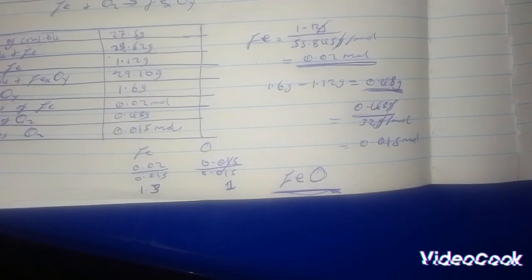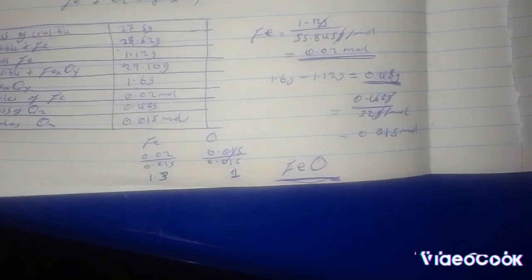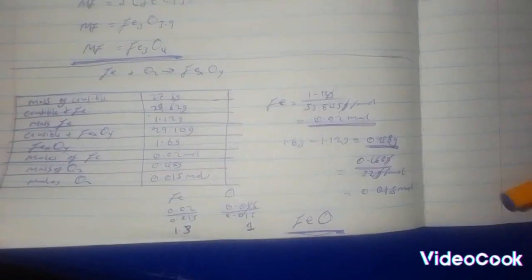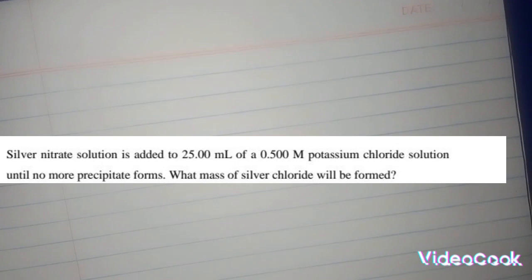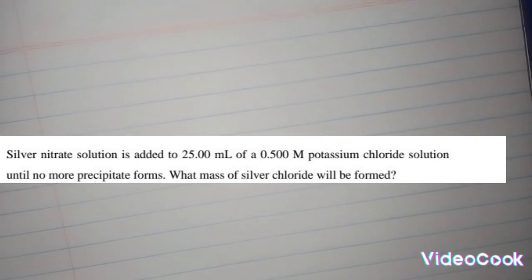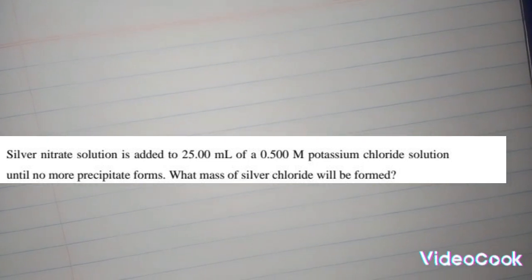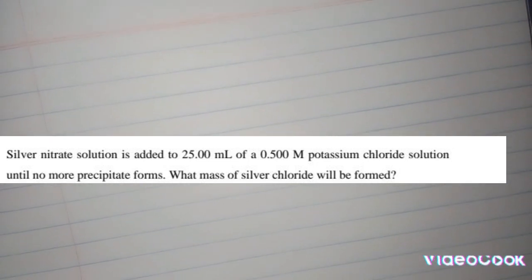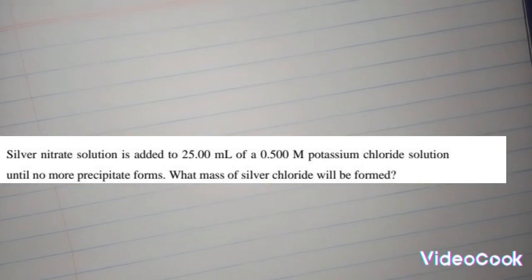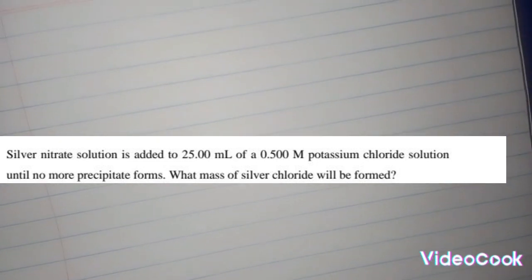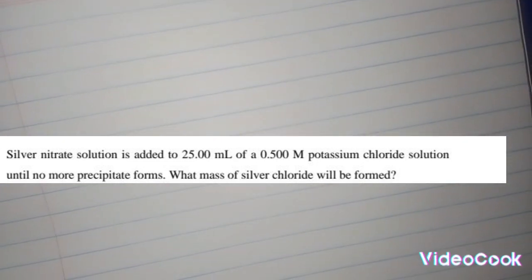Okay, we proceed to another question. What does the other question say? Silver nitrate solution is added to 25.00 milliliters of 0.500 molarity potassium chloride solution until no more precipitate forms. What mass of silver chloride will be formed? Okay, so they want us to calculate the mass of silver chloride.